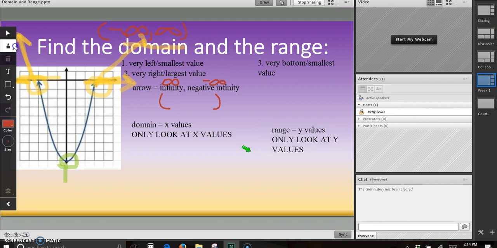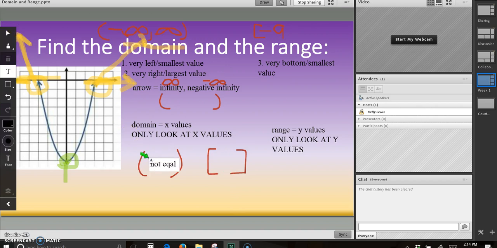All right, so here we are. And this y value right here is 1, 2, 3, 4, 5, 6, 7, 8, 9. So that's 9, and it's actually negative 9. And it sits exactly on it, so we have a bracket. Just remember, parentheses is not equal to, bracket is equal to.